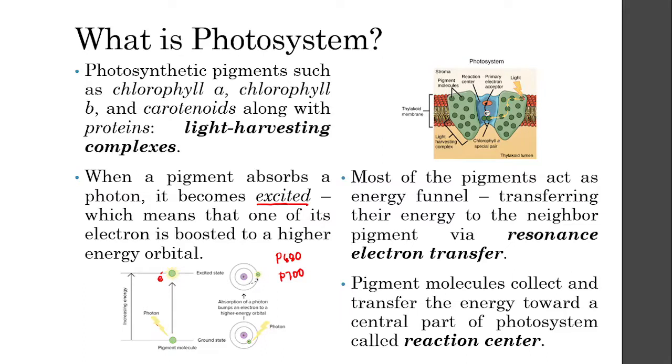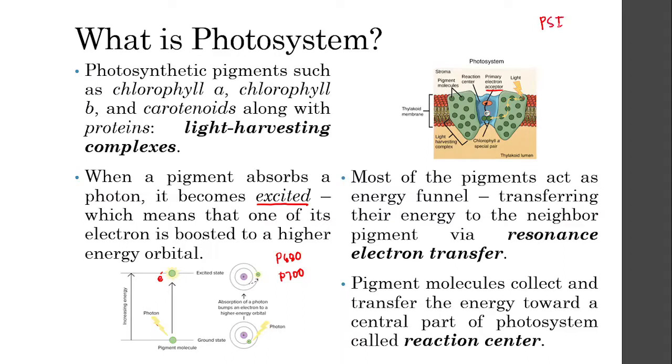So instead of donating that electron, it transfers the energy itself from one pigment to another pigment until it reaches the reaction center. Again, this reaction center is a chlorophyll special pair, a special pair of chlorophyll A. When they receive that energy, after it's transferred from one pigment to another, so the pigments funnel that energy, it will donate its electron to what we call a primary electron acceptor.